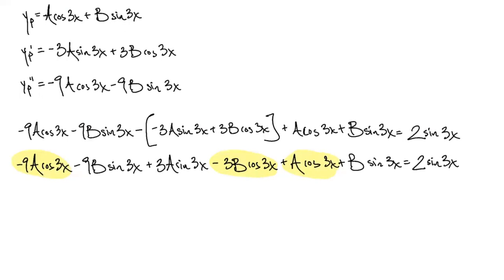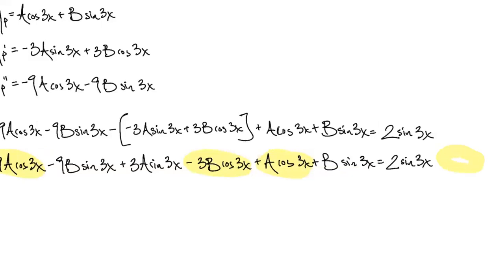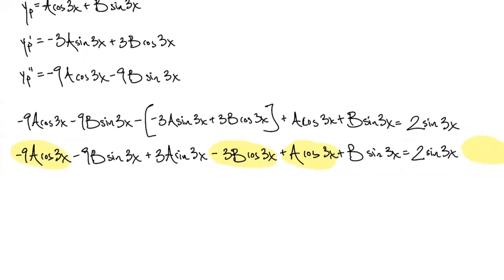And they're actually on the other side going to equal 0 because there are no cosine 3x's on the other side. Similarly, I can clump all the sine ones together. This term, 3a sine 3x, b sine 3x, together with the 2 sine 3x on the other side, I can create a second equation. Okay.